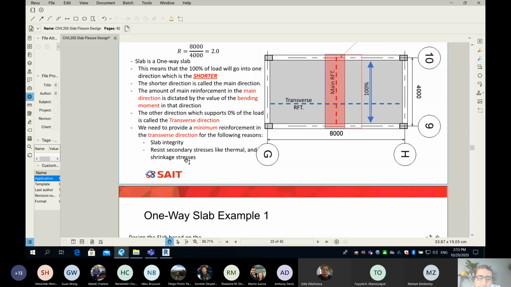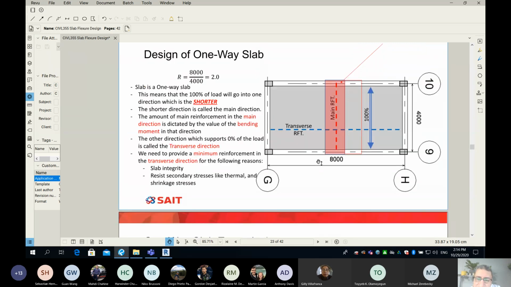Number one, there are some stresses that we never accounted for, like thermal stresses and shrinkage stresses. And then finally, for the slab integrity, because yes, in our analysis, we think about our slab as simply so many adjacent strip beams, but at the end of the day, it is not a beam. It is a slab, and a slab is a plate element, a two-dimensional element, and that's why we have to add reinforcement in the transverse direction for the slab integrity.